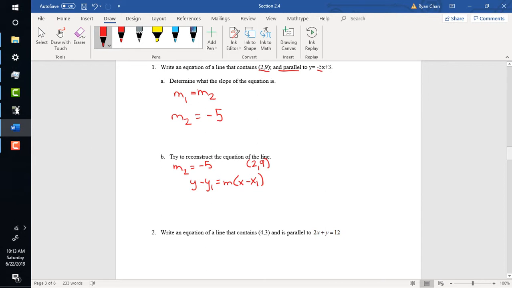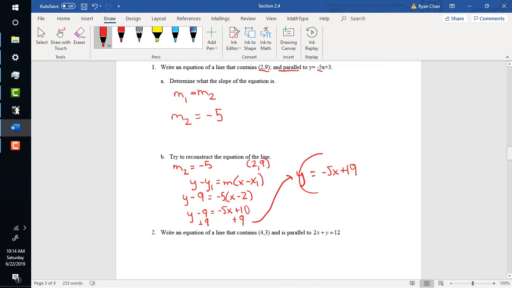So y minus 9 is equal to negative 5 times the quantity x minus 2, which is y minus 9 equals negative 5x plus 10. Then I'll add 9 to both sides and get y equals negative 5x plus 19.